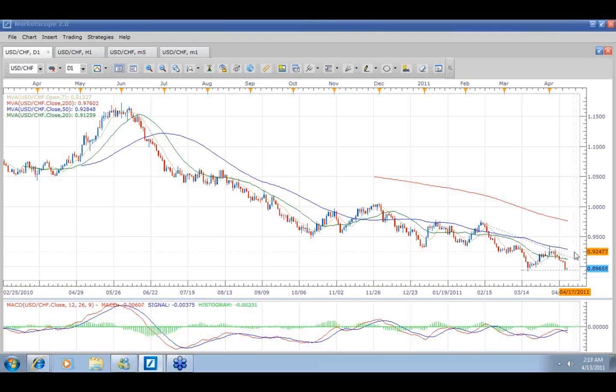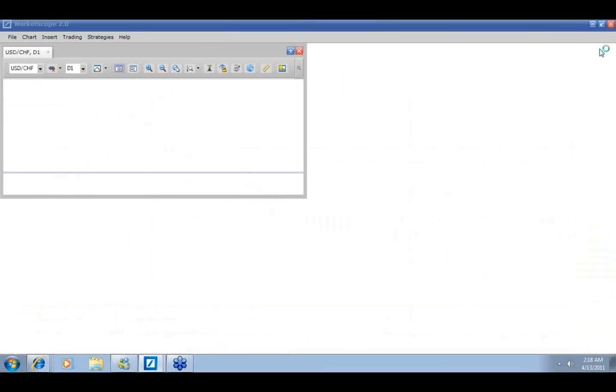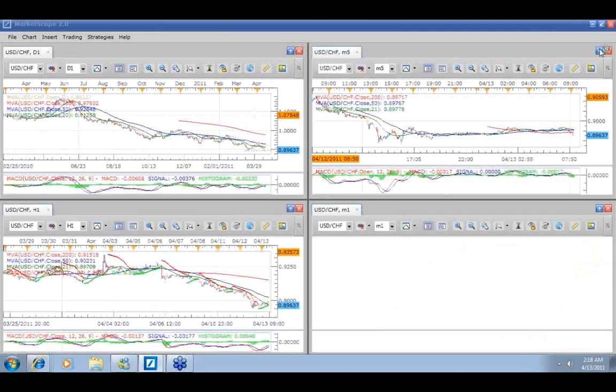But yet I'll tell you that I expect the U.S. dollar to continue to weaken against the Swiss franc. We covered a lot of terrain here tonight in rapid fashion.